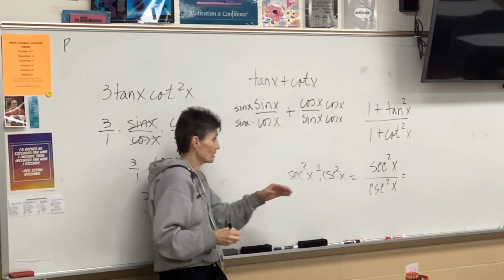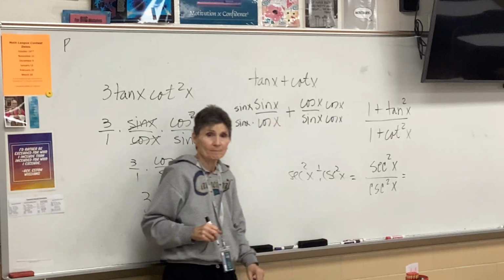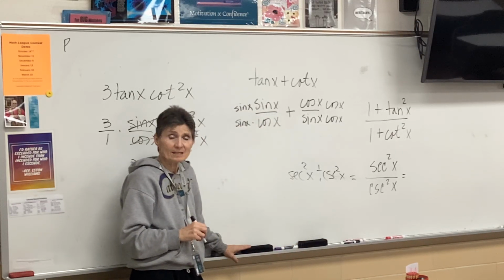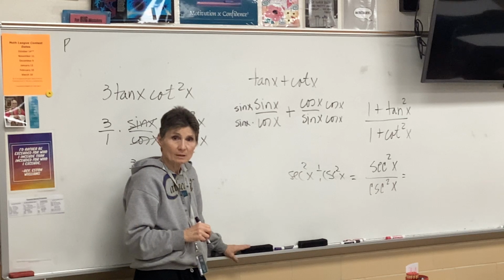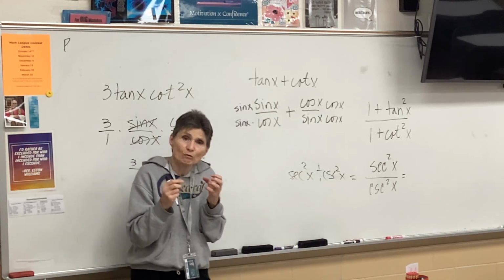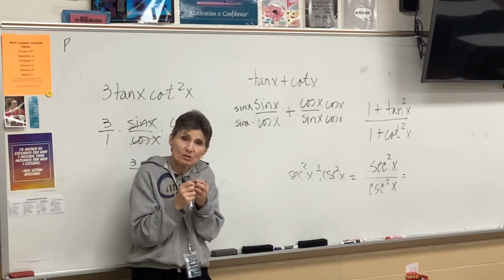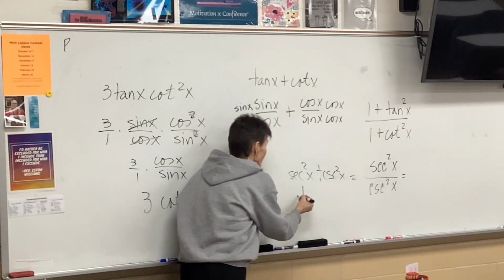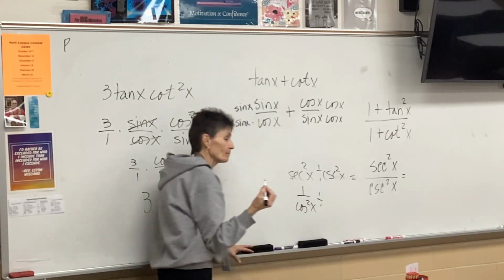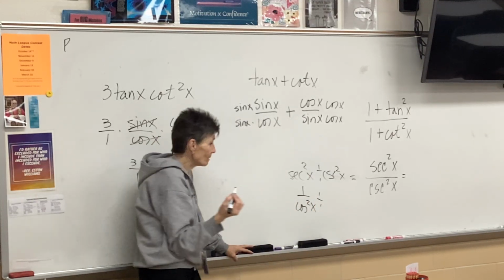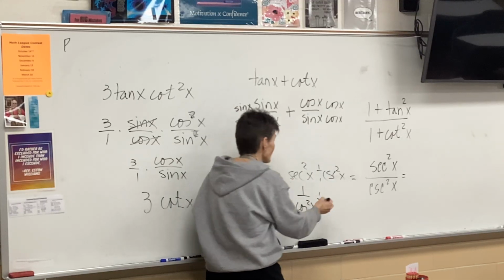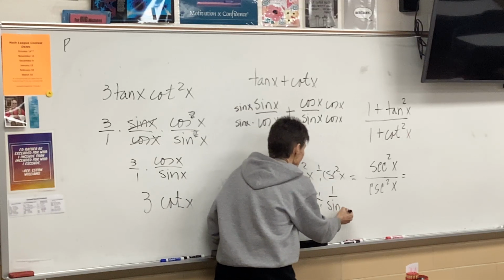Write out the division. This is a division. Now, what is secant squared? I know you can replace it with other things, but what is it in its fraction form? Secant squared is 1 over cosine squared. And I am dividing that by cosecant squared, which is 1 over sine squared.